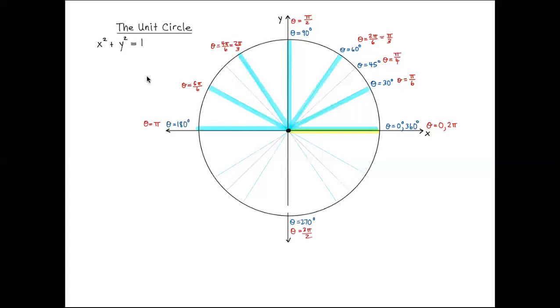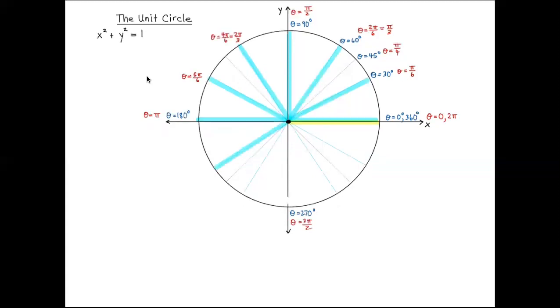Then this one here is 6 pi over 6, which simplifies to pi, so I'm not going to write that in. Let's keep going around and label the circle. This angle here is going to be 7 pi's over 6, so we can label it.